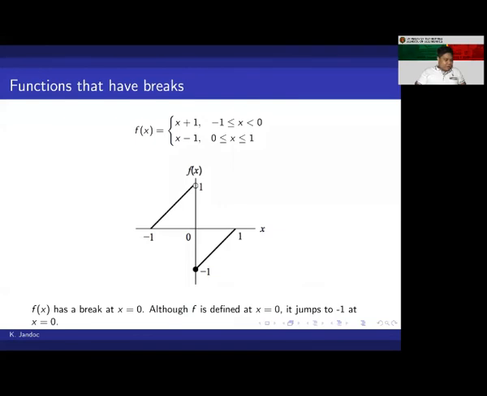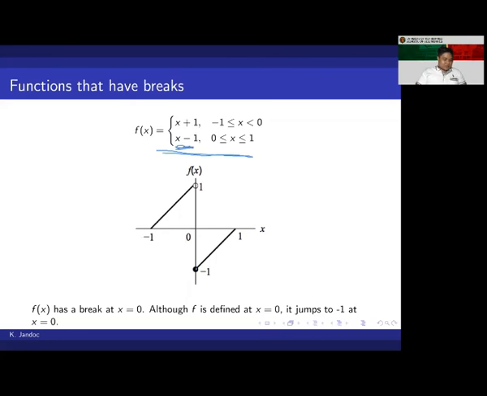Now, if you recall our example earlier, when we had the definition of left hand limits and right hand limits, we have this function from a while ago. You see that this function is defined at x equals 0 because it's defined via this part of the function.